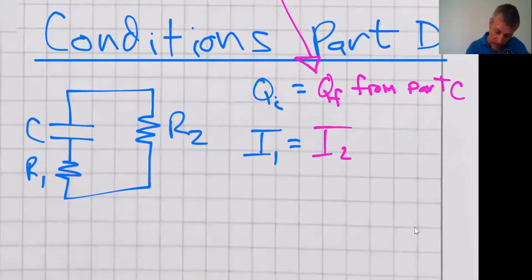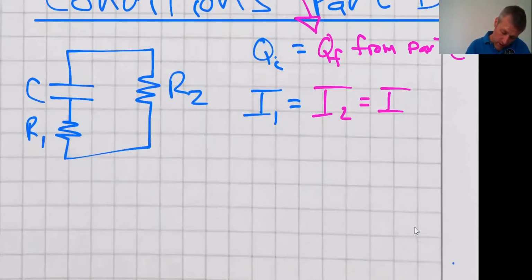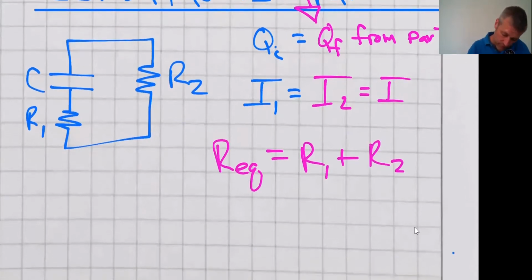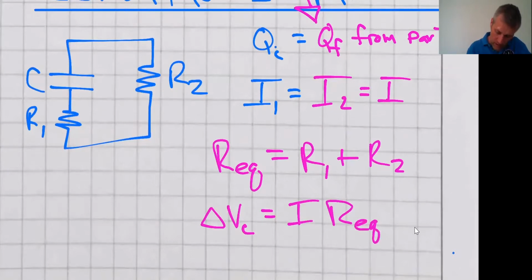So I1 equals I2, we could just call it I. It's all the same. The equivalent resistance is going to be R1 plus R2 because these are now in series. And we know that delta V for the capacitor is going to equal I R EQ.